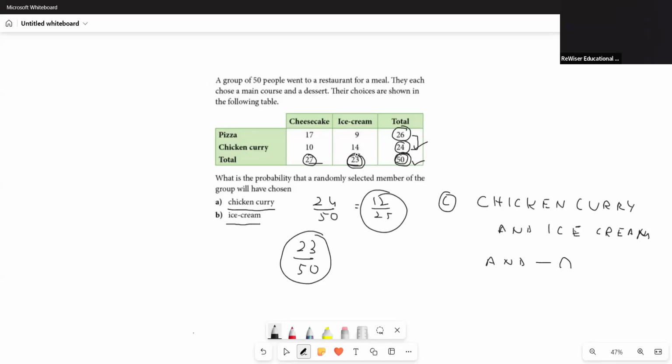So that's the intersection of chicken curry and ice cream. So the probability has to be 14 over 50. We can reduce it further to 7 over 25. That can be the final answer. Now, this is very, very vital, so I would expect all of you to note this down.